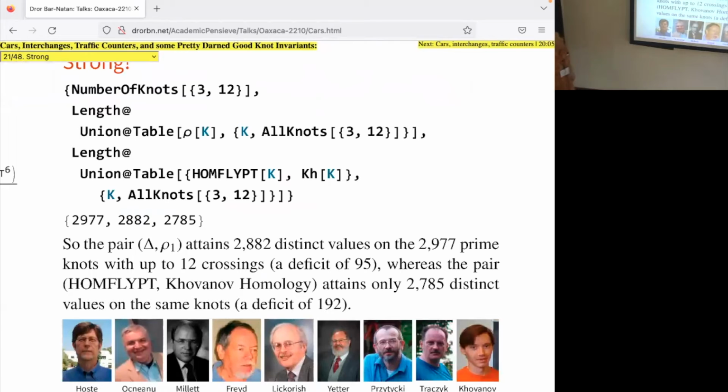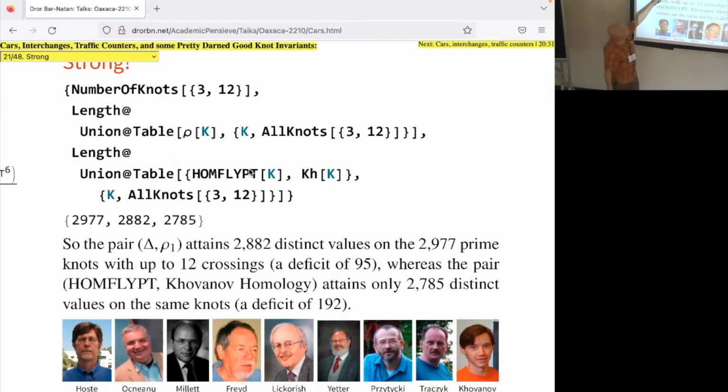And finally, it is strong. So I let the computer print the number of knots with between 3 and 12 crossings, and then I let it compute how many different values rho of K attains on these knots, and how many different values HOMFLY-PT plus Khovanov attain on these knots.